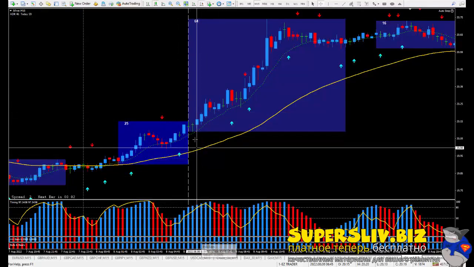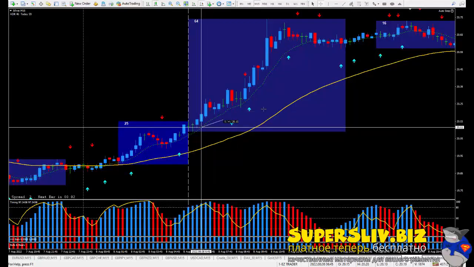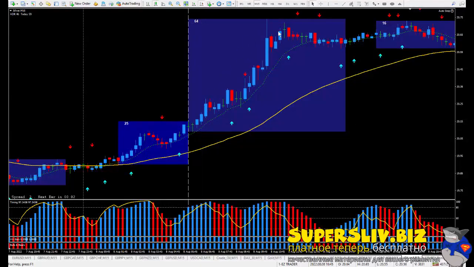So any pullback here, here, here, here, you can get in the trade, and to the top up there is 60. Let's just round it out to 60, and 60 times 50 is 3,000. That would be $3,000 if you did one standard lot. So it's 60 times 50.